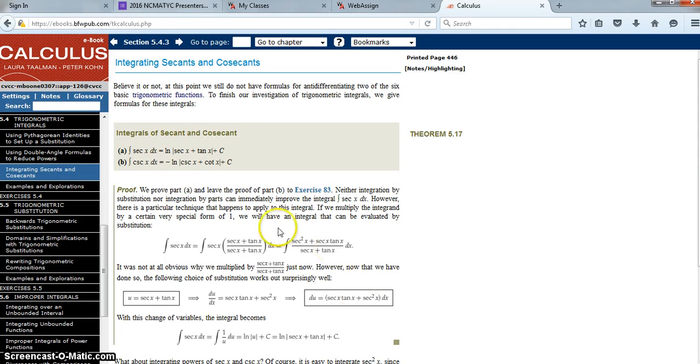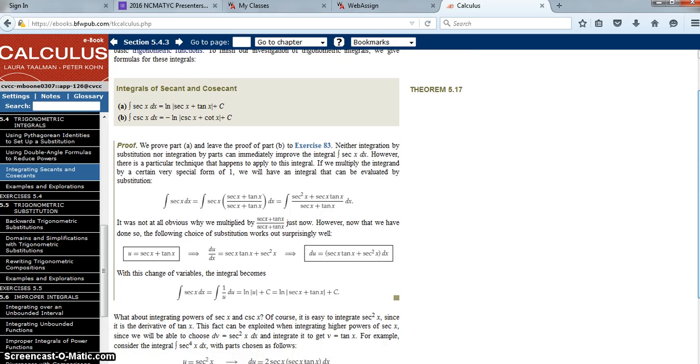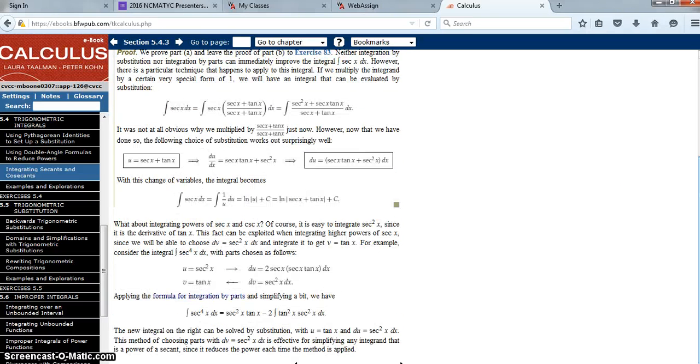And then lastly, a couple rules here is with secant and cosecant using integration by substitution. So it'll walk you through some of these problems on how we get to these nice formulas. But in essence, what we're doing is we want our dv, when we do the integration by parts, to be a secant squared, because we can go backwards and say that's tangent x.